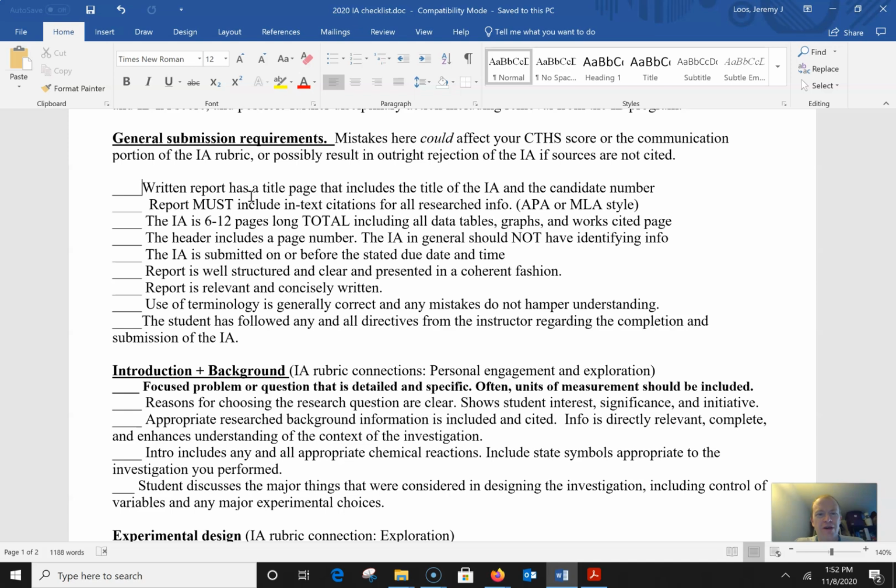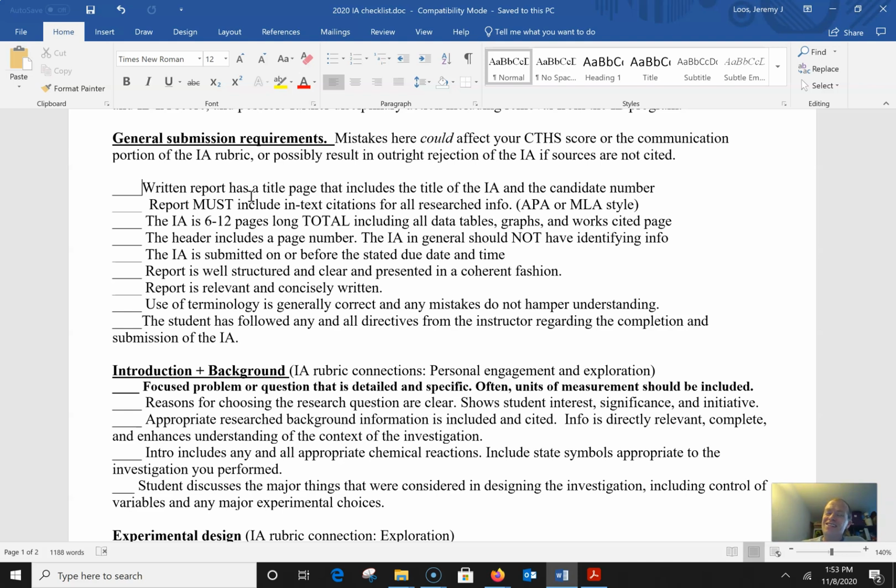As I mentioned, 6 to 12 pages long. That's total. What can typically be the problem in a real IA is data tables and graphs take up a lot of room, so it actually can be a challenge to get it under the 6 to 12 pages. I don't know if it's going to come up relevant this year, but in theory, if your document was too long, you could maybe append some information to an appendix or something like that.